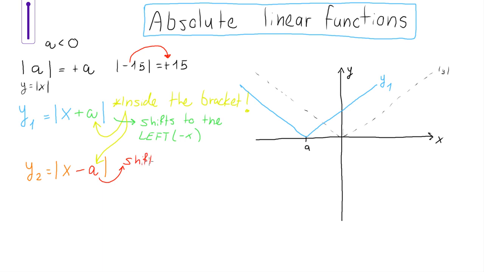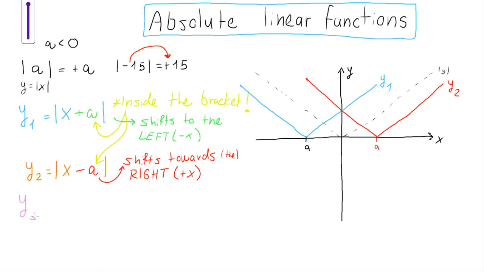It shifts towards the right, or the plus x direction. So this time it would be a right here, and the function would look again the same, just shifted, also connecting at the same point. That is y2, which I should have drawn in orange, but whatever.